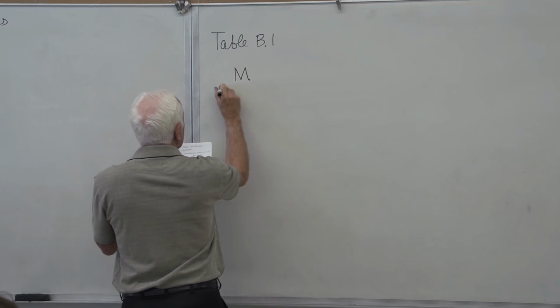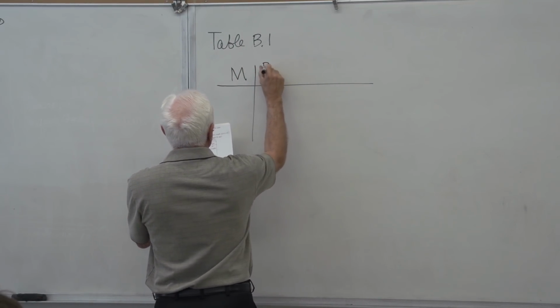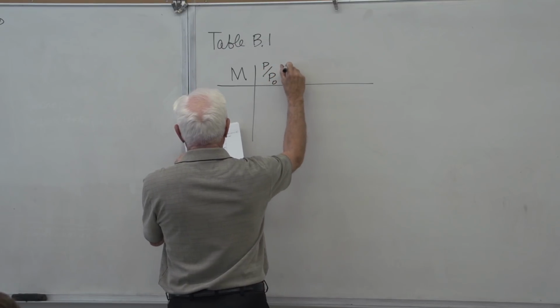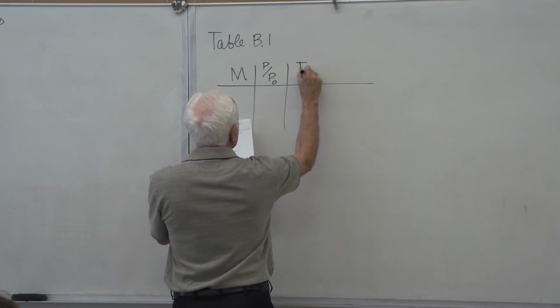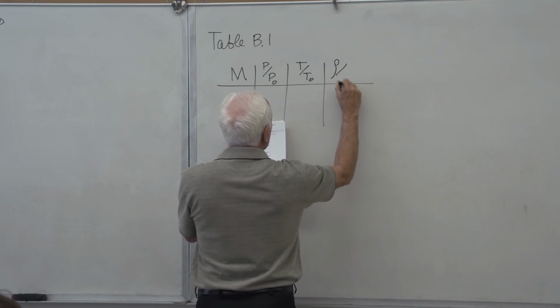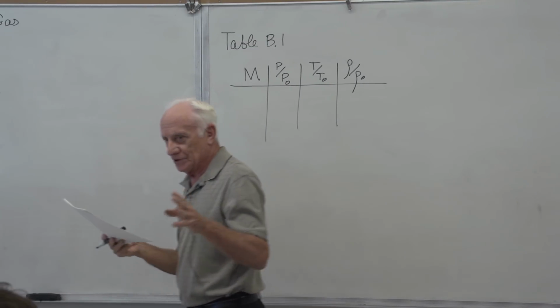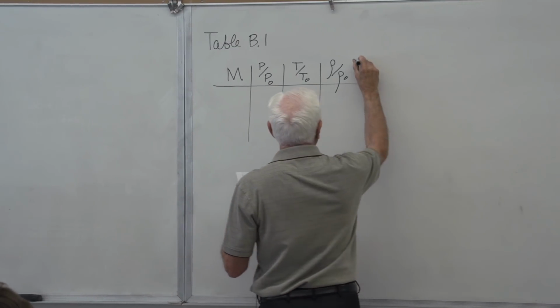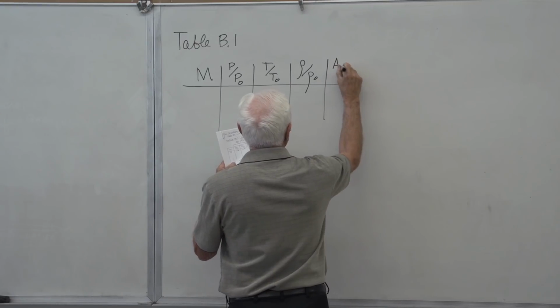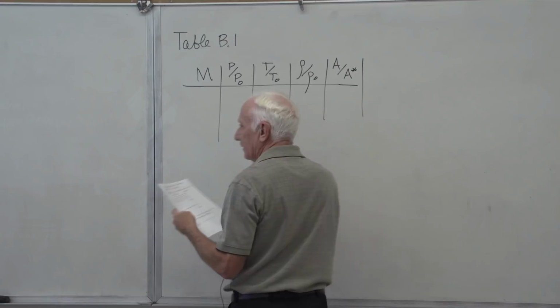Mach number is the first column. P over P naught, T over T naught, rho over rho naught. There's another column which we'll talk about later, but just so you know what it is in the table, it's A over A star. We'll talk more about that column a little later on.